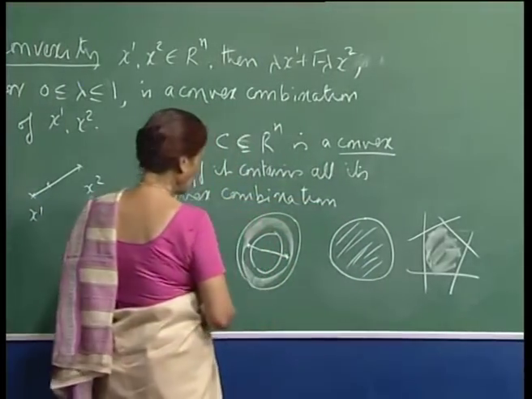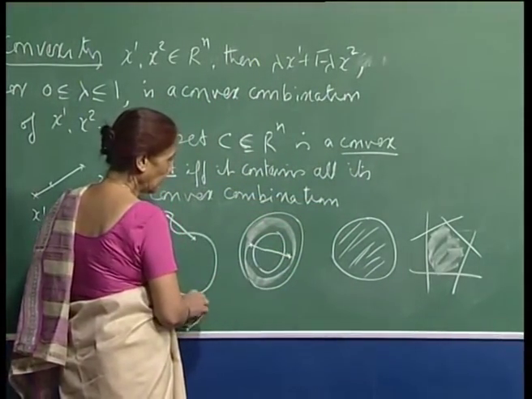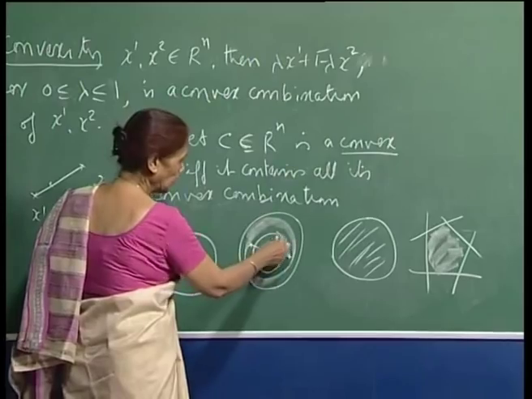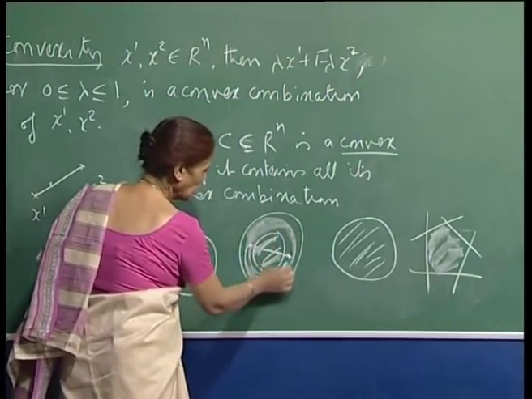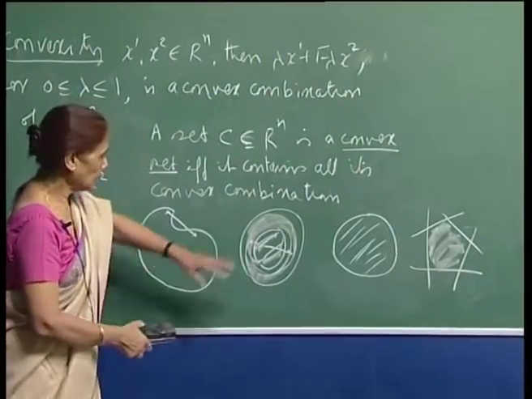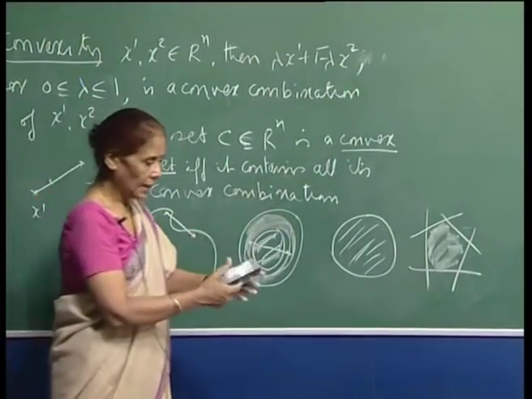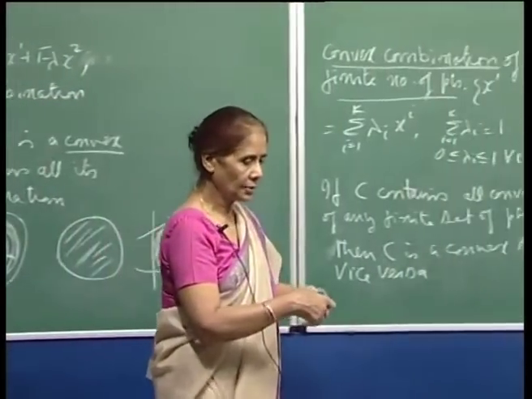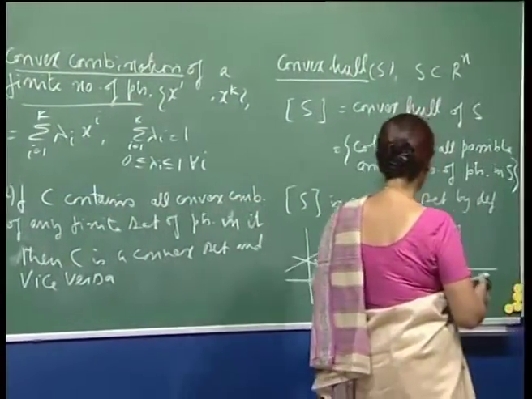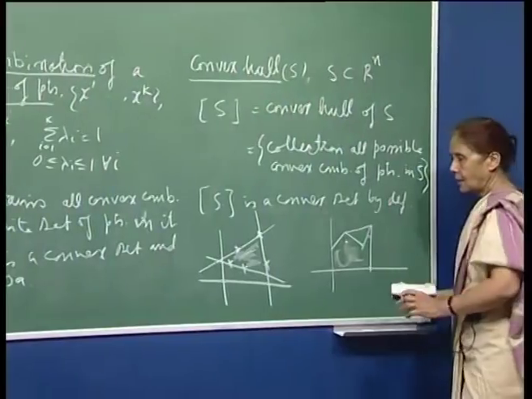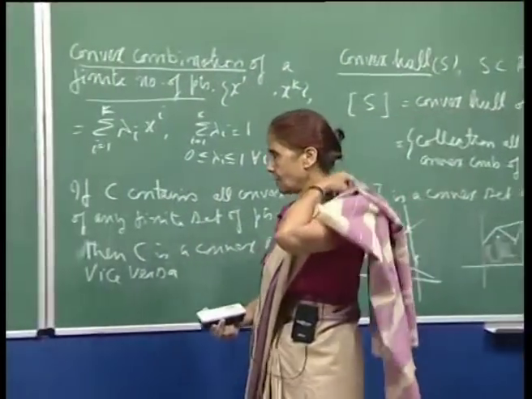For example, for this one, if I want the convex hull, I will have to include this also. So the whole thing becomes a circle, and this is a convex set. When you take the convex hull, it fills in the gaps, and all the holes and indentations in the set get filled up and it becomes a convex set.